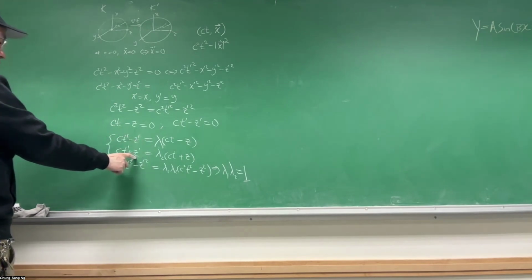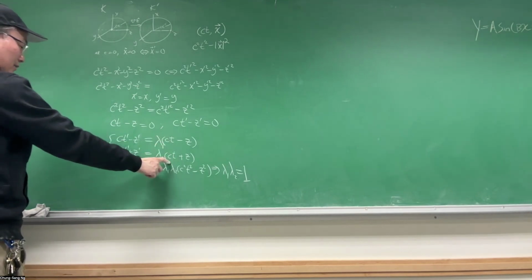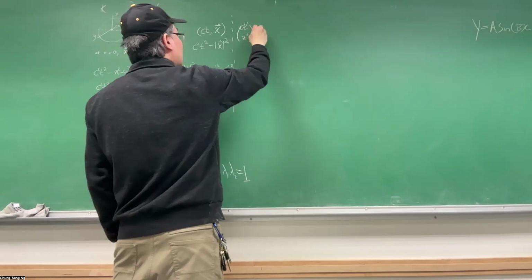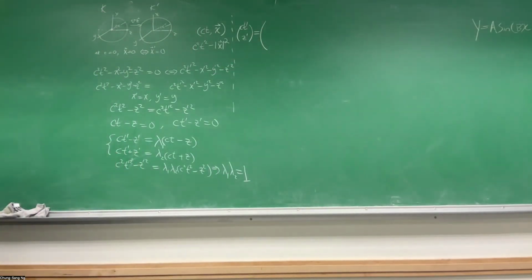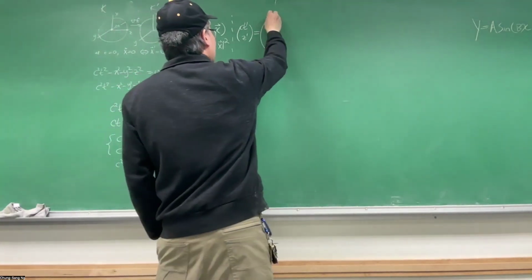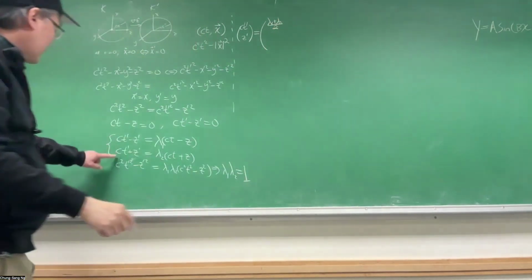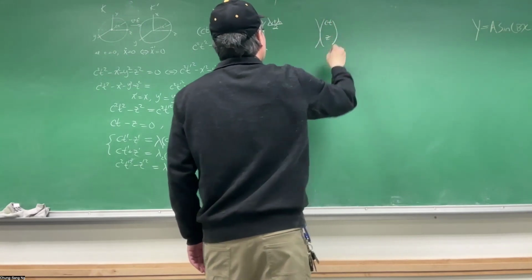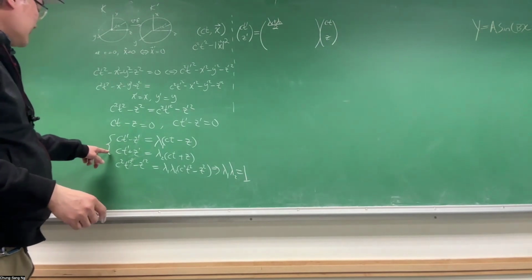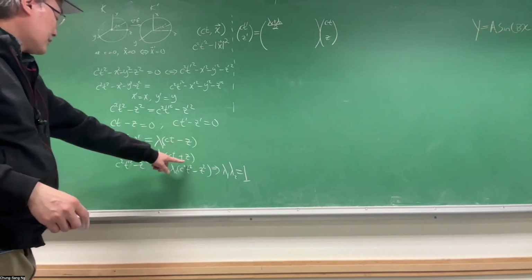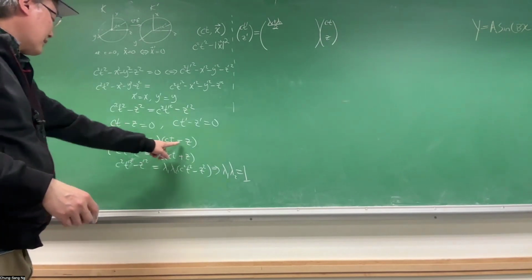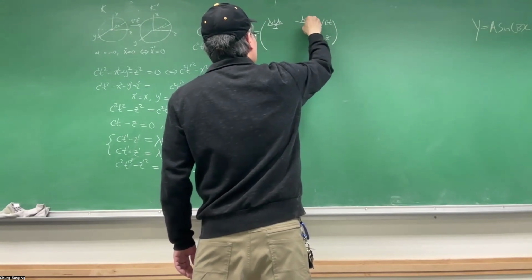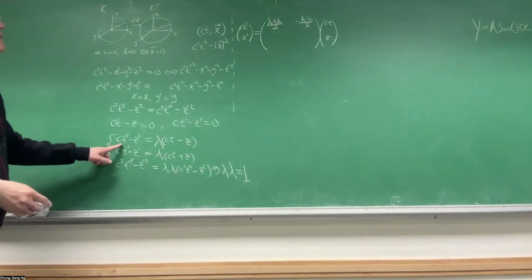Basically, add the two equations and you cancel; so you can write it as a matrix now. ct prime, c prime: this one is lambda 1 plus lambda 2 over 2, because adding together you have a factor of 2, divided by 2, times ct. And for this one it is minus lambda 1 minus lambda 2 over 2, because you have a minus, times c. That gives ct prime.